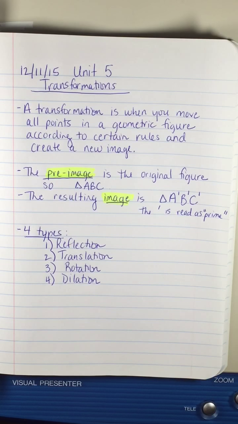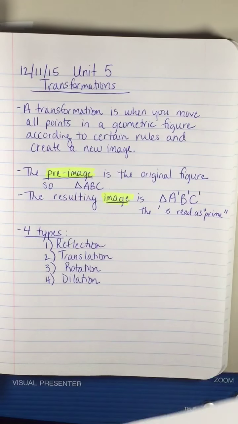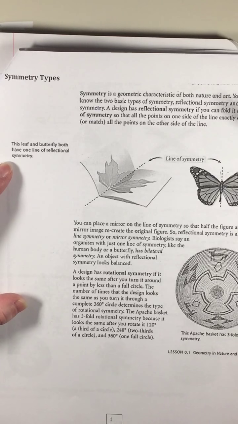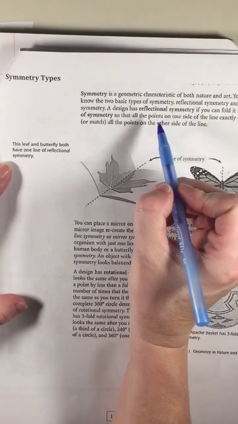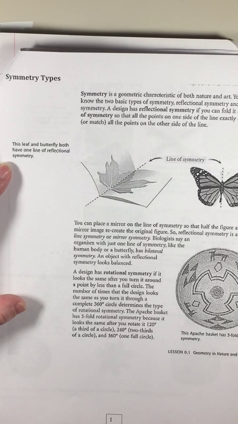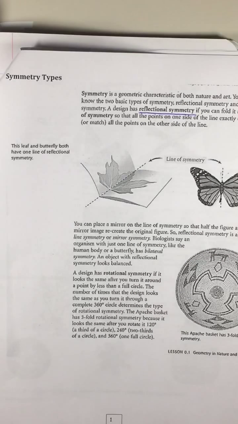Okay? So if you open your packets up to page 1, the first thing that we're going to look at is our symmetry types. So what I'm going to have you do is read through, and there are 2 types of symmetry. There's reflectional symmetry, so I'm going to underline that and highlight it so I know where I can find it.